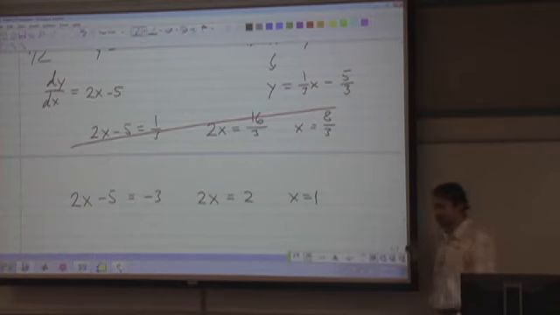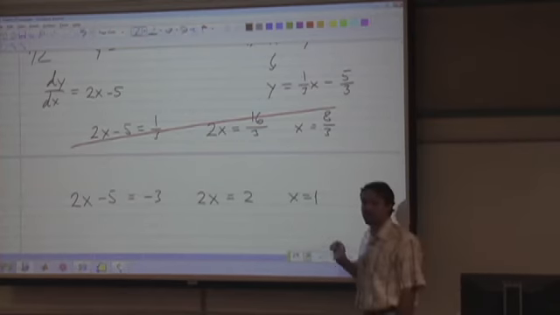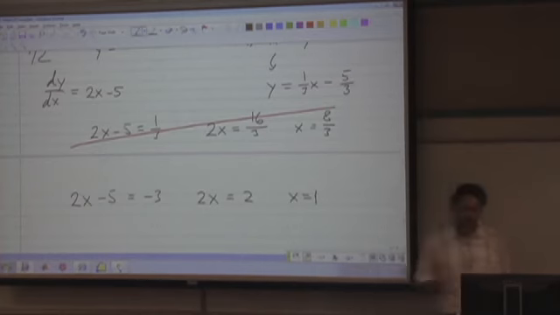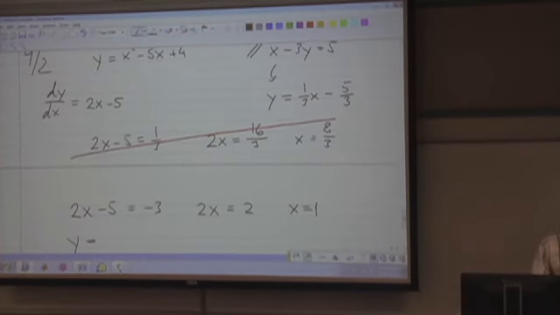Does this make sense? Yes? So what next? We need to find the corresponding value of y. So that's just going to be 1 minus 5 plus 4, which ends up being 0.